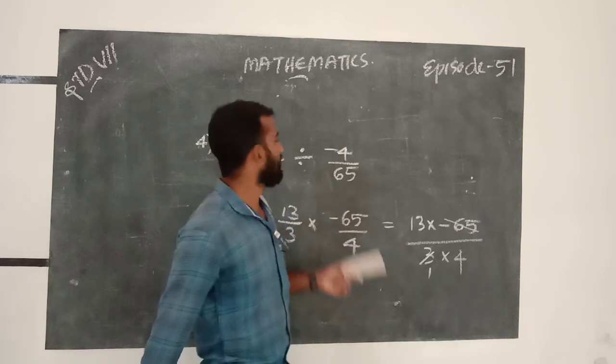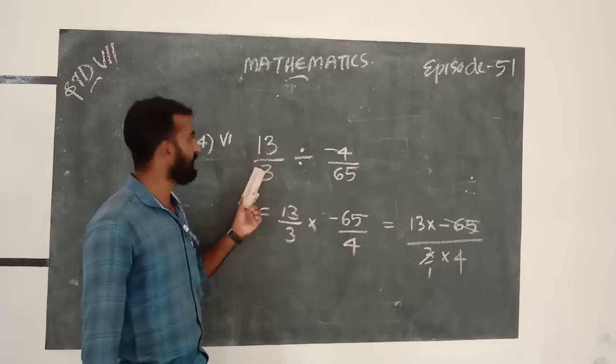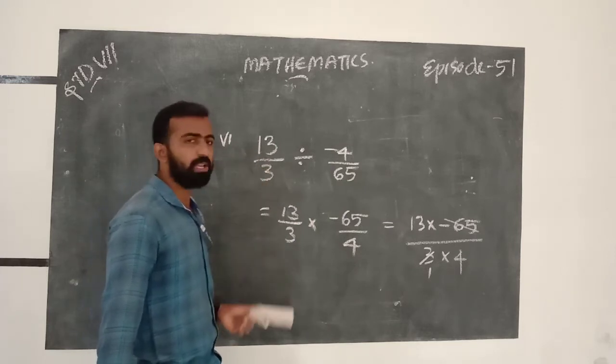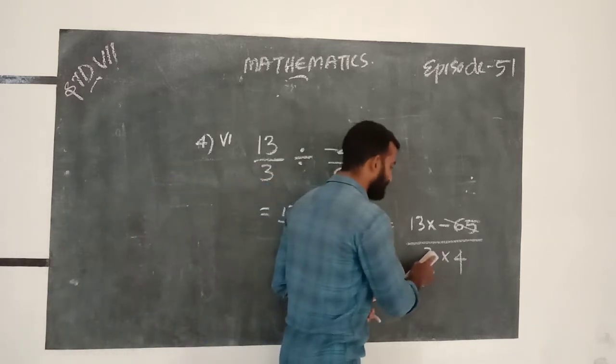In your textbook, this is not your question. In your textbook it is 3 by 13, but here I took 13 by 3. So here we can't simplify.